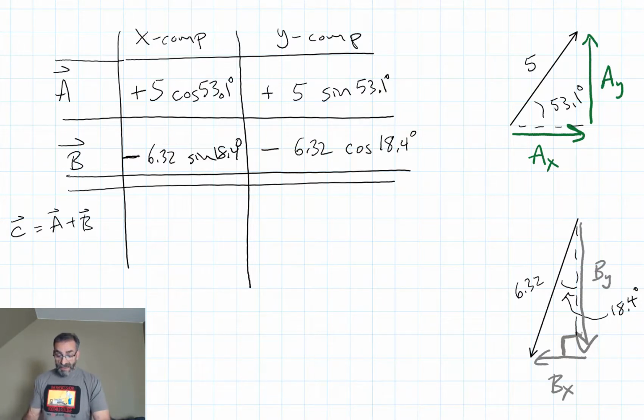And I like to do it this way because I don't understand the opposite and adjacent side of an angle more than 90 degrees. So I always pick an angle less than 90 degrees so I can picture which is the adjacent side, which is the opposite side, when do I use sine, when do I use cosine. When you do that, you have to manually put in the negative signs.